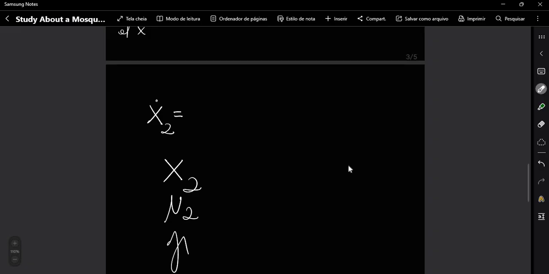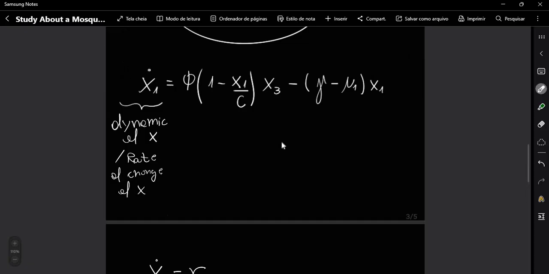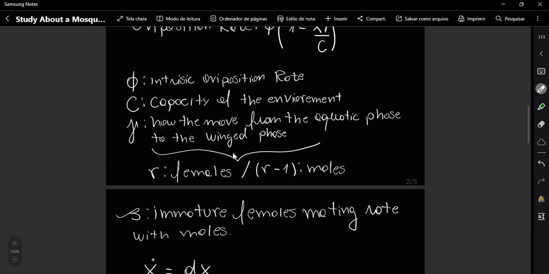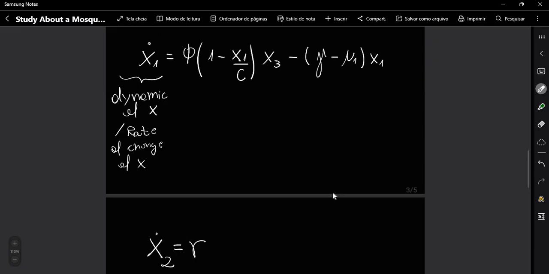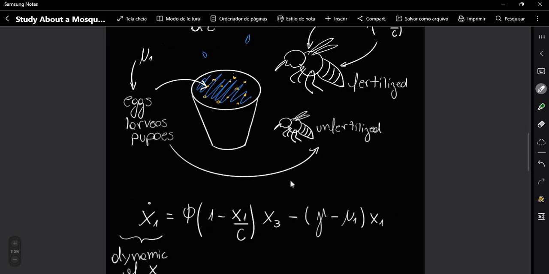So first R, which is the quantity of females that made it from passing from the aquatic phase to the winged phase. So R times gamma.